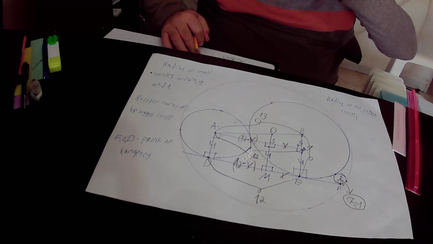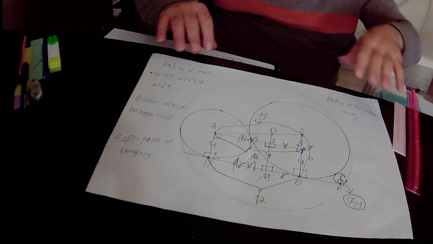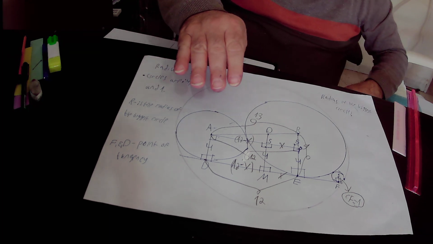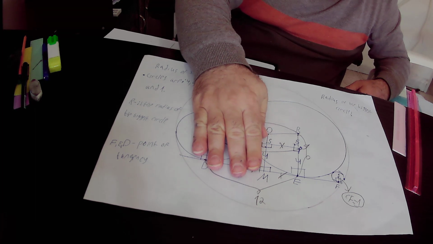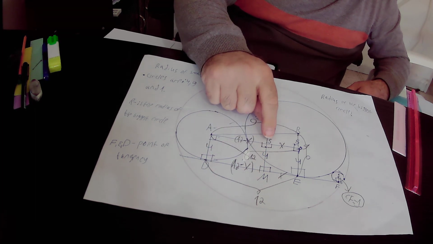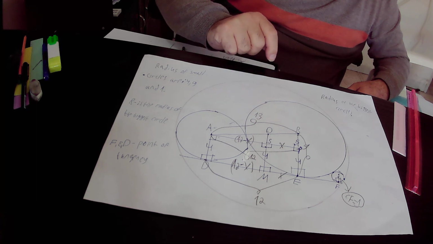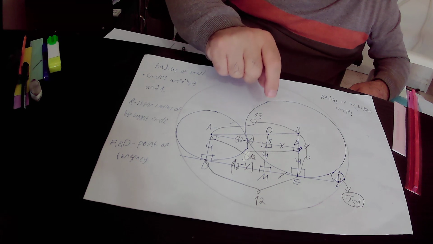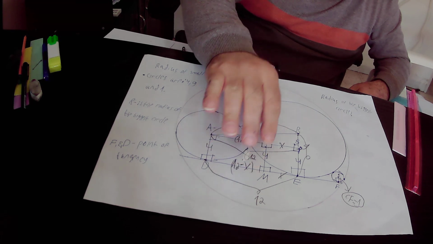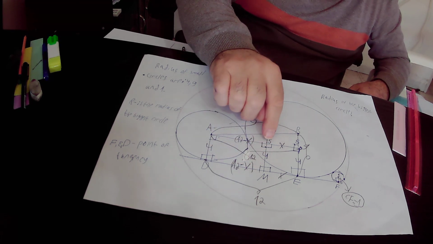So if we focus on this side of the straight line OM at point S, then the sum of the angles must be equal to 180 degrees. Which angles do we have on this side of the straight line OM at point S?